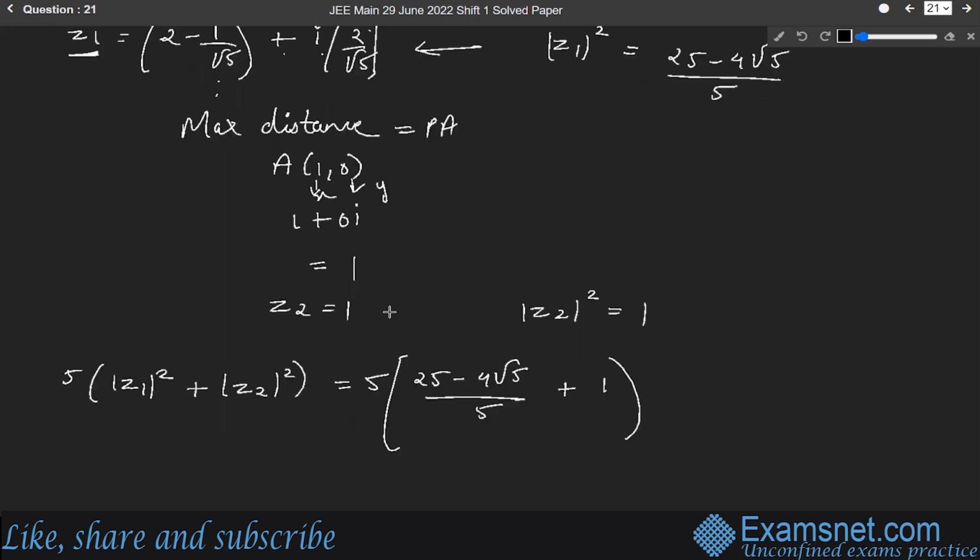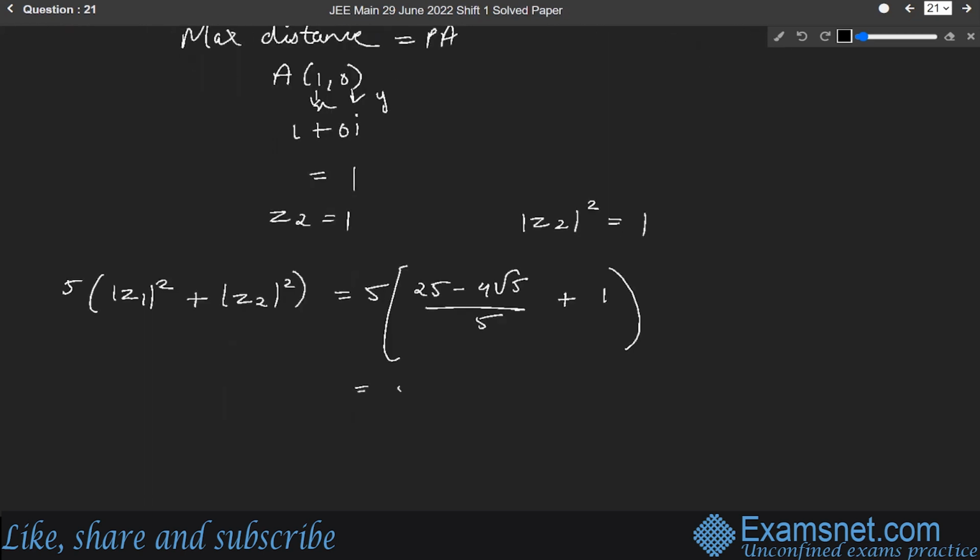So when we simplify it, it will be 5 into 25 minus 4 root 5 plus 5 divided by 5. We have taken LCM here, right? So this 5 and 5 will be cancelled. So we have 25 plus 5 is 30 minus 4 root 5. So the value of 5 into mode of z1 square plus mode of z2 square is 30 minus 4 root 5.